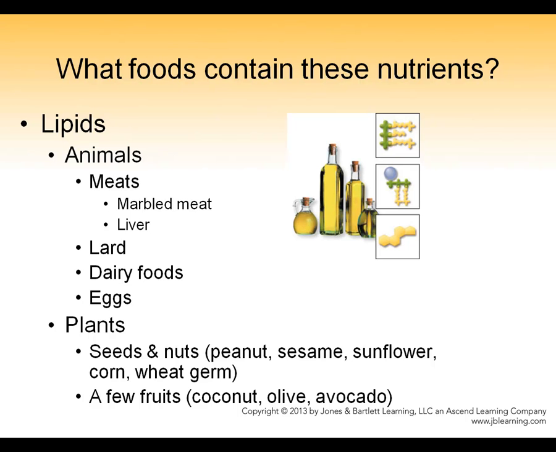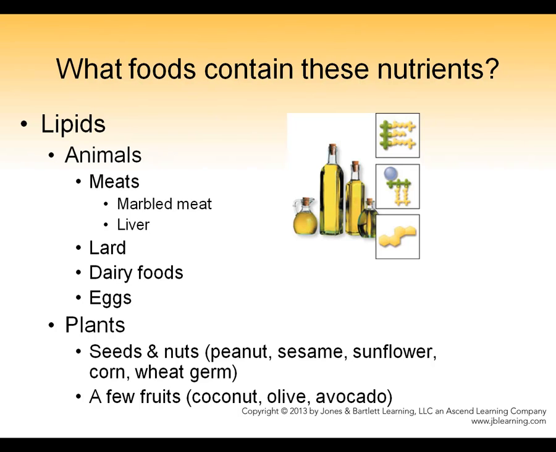It's not universal. And if you think about vegetable oils, where do they come from? Sesame oil, sunflower oil, corn oil, all of those are from the seeds. Wheat germ is also oily, has some oil in it.